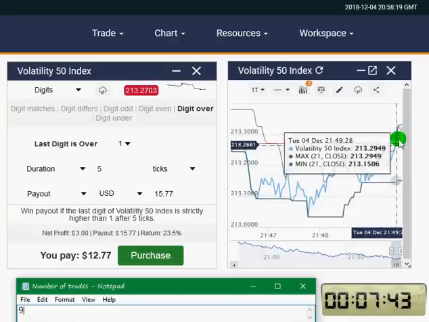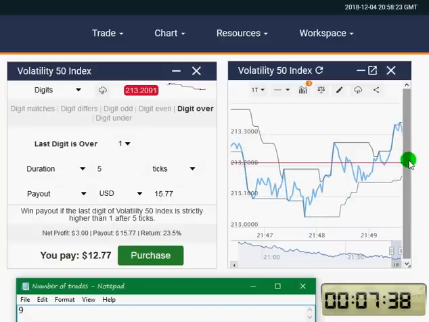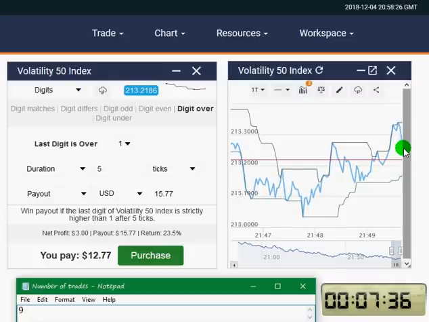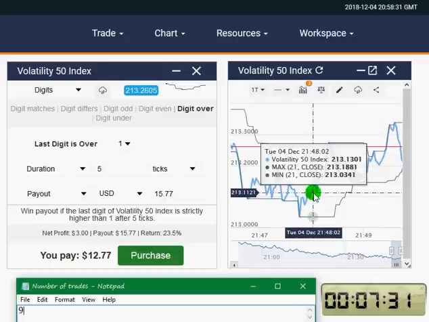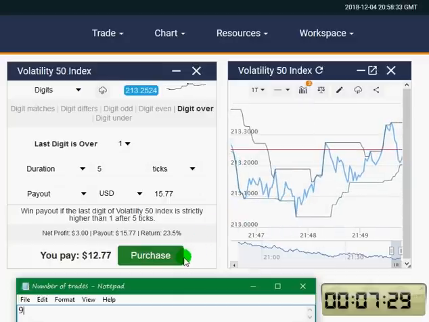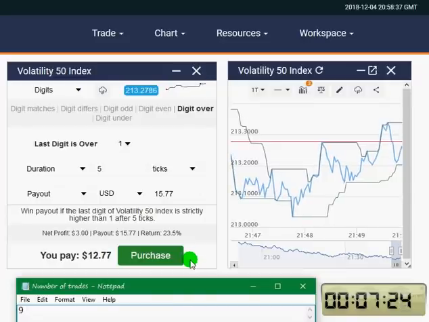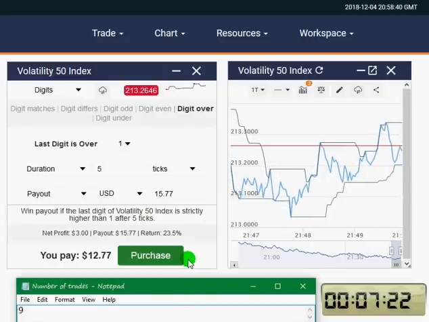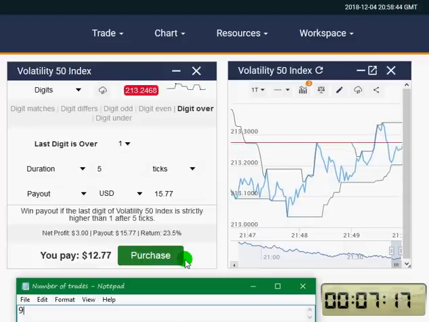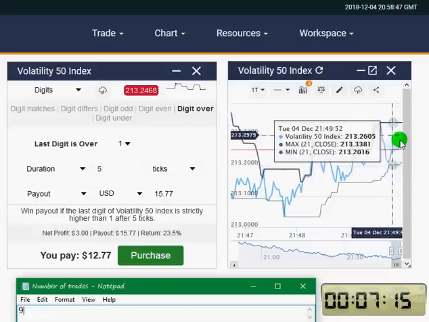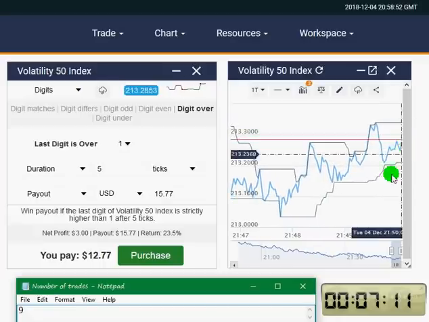So we give it some time again. We have to give it some time. It's close. We have to give it some time to come down and go back up again. You can see it's at the middle, it's just at the middle, so we have to give it some time.